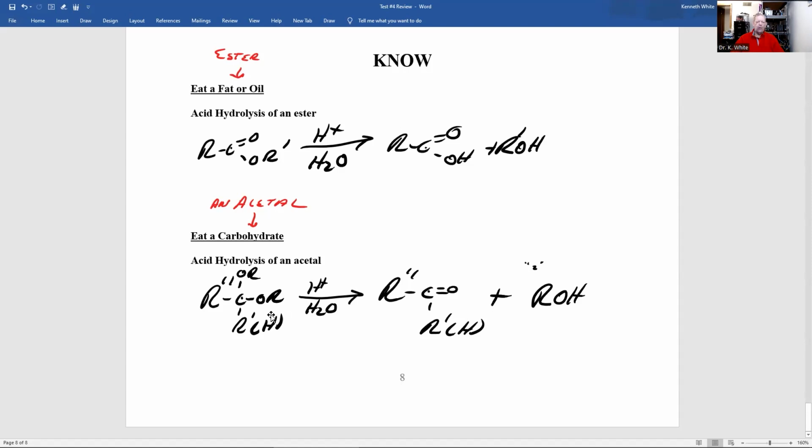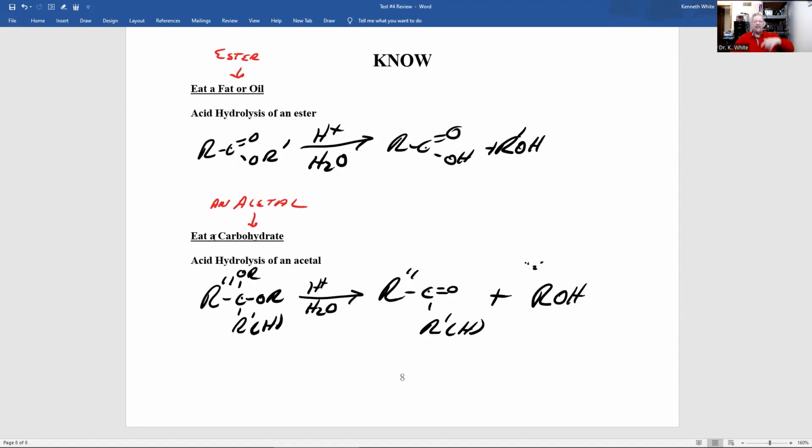Again, what is the functional group that holds glucose together and carbohydrates? That is an acetal. And you should know how to describe with words and a general reaction what happens when you eat a carbohydrate.